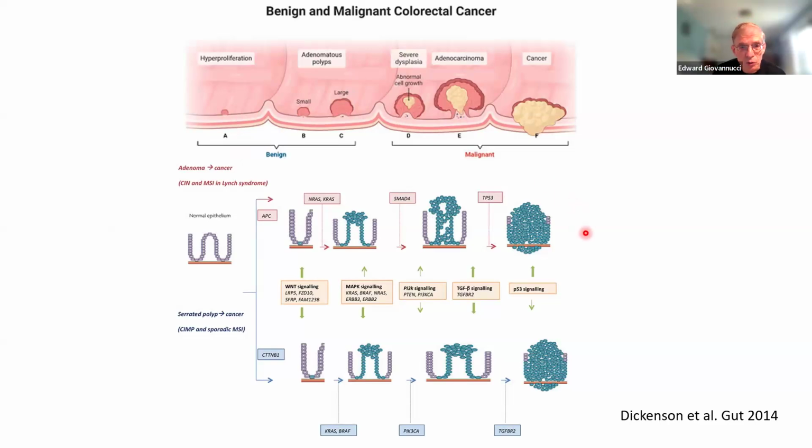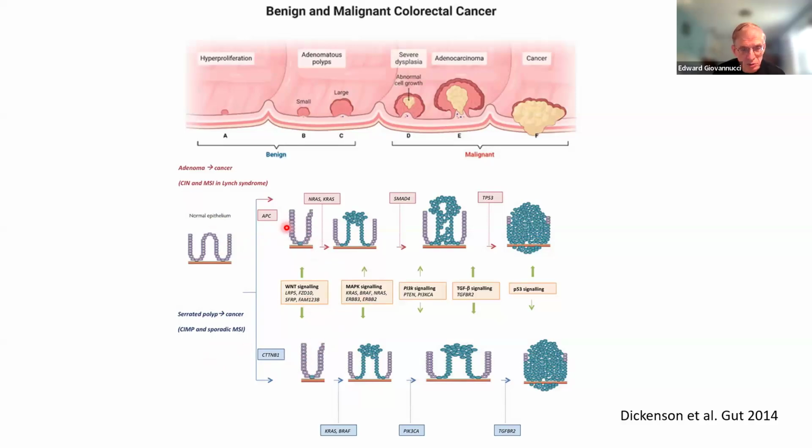Now, it's well known that there are molecular events that underlie this. And so for colon cancer, there are two main pathways. There are actually more, but there's one called the chromosome instability pathway. And then there's microsatellite instability, or MSI.